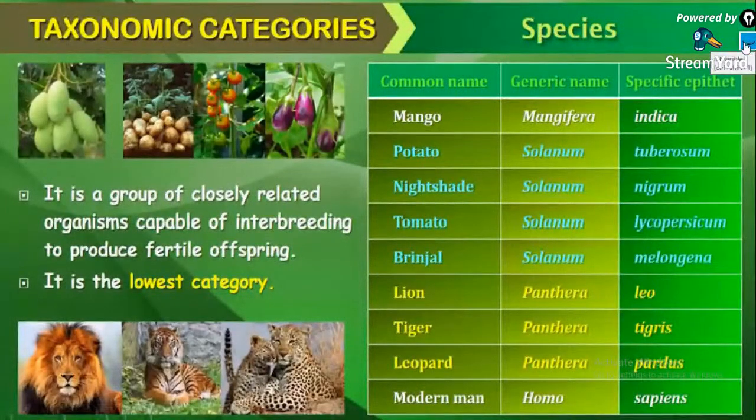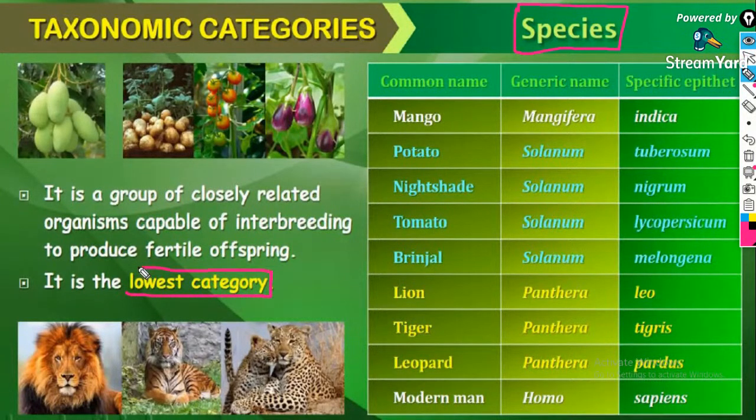Here are some examples. First, we are going to discuss the species. You have to take down: species is the lowest category and is the real basic unit of classification. This is also a previous year NEET MCQ.